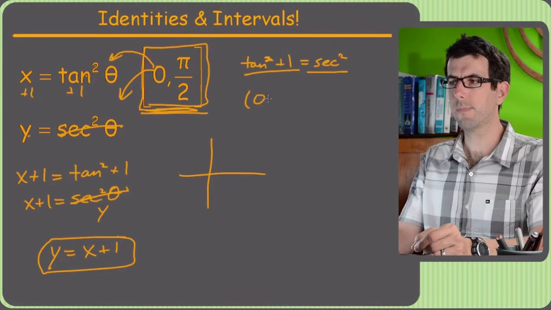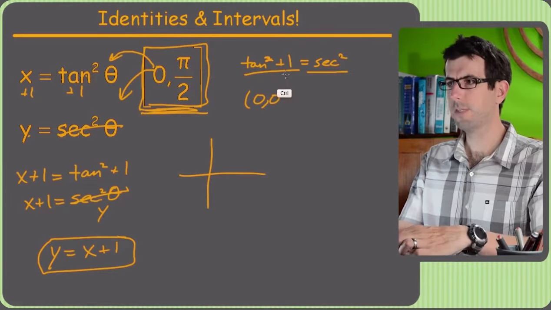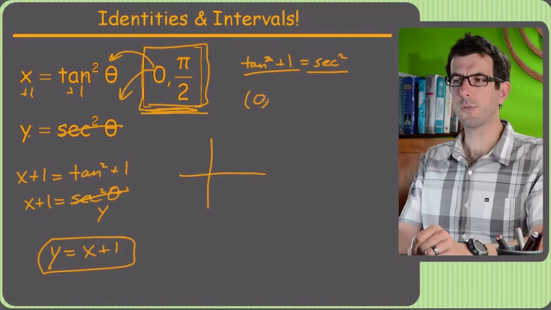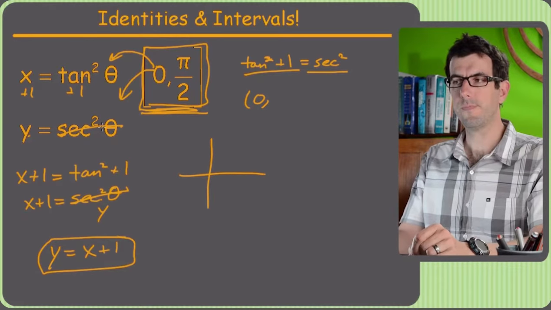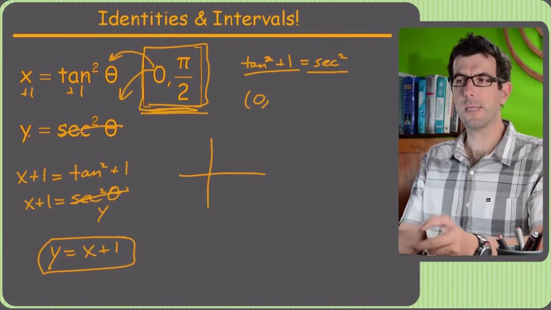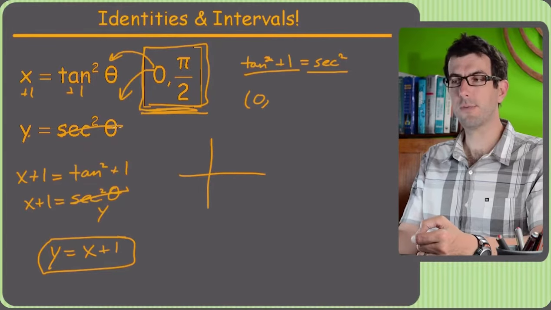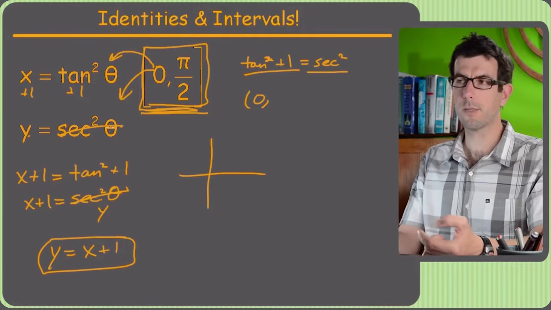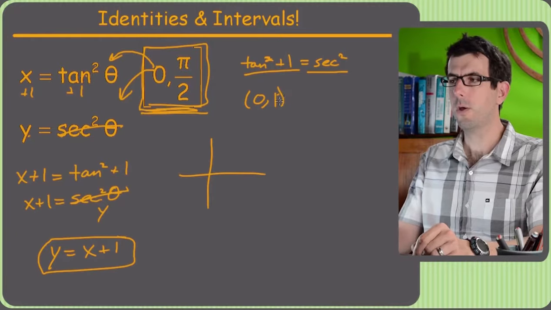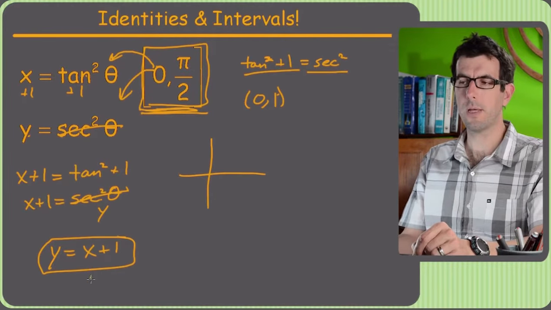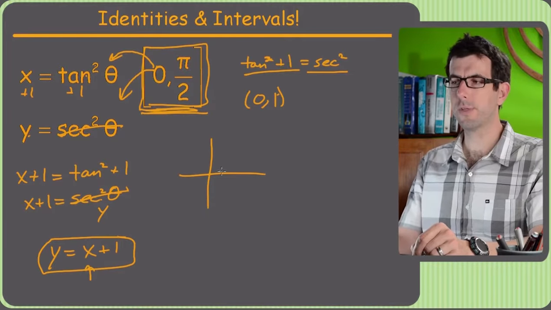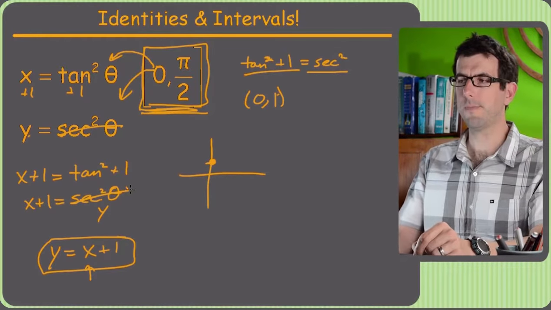Our starting point is x equals 0, and y would equal 1 if we plug in here, because the cosine of 0 is 1, 1 over 1 squared is also 1, so 0 comma 1. Or we just take that 0 and plug it into our final equation, because if you plug in 0 right here, you get 1 out for y. So our starting point is 0 comma 1, which happens to be the y-intercept as well.